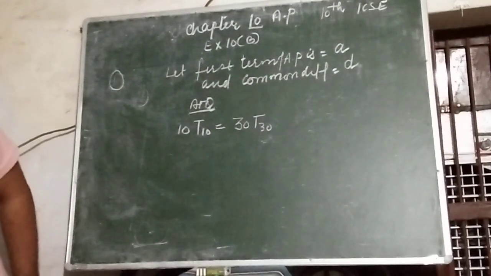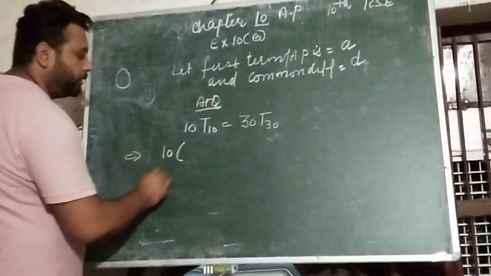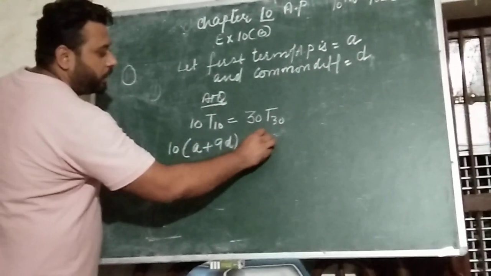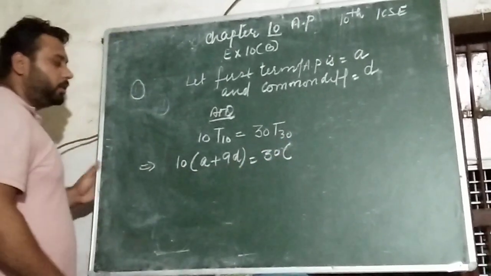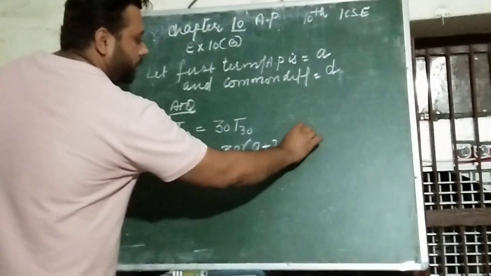So as we know, the 10th term we can write as A plus 9D, and the 30th term we can write as A plus 29D.